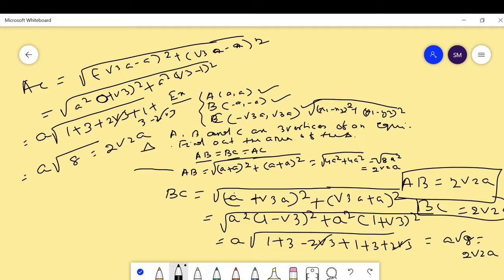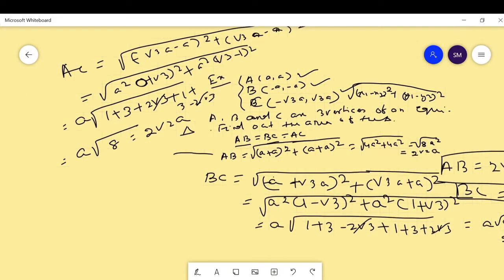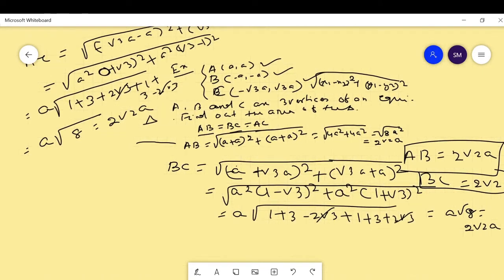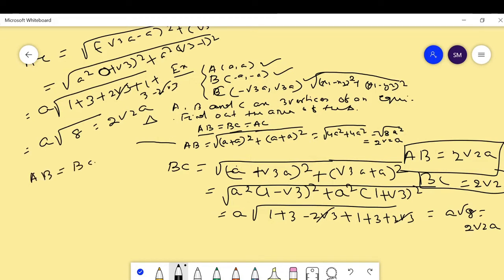Then we come to the conclusion that AB is equal to BC is equal to AC is equal to 2 root 2 a.